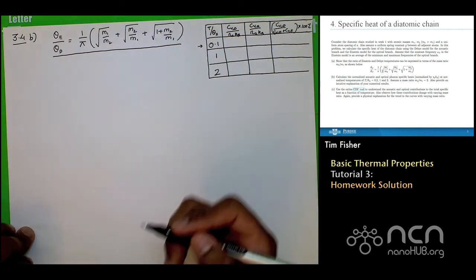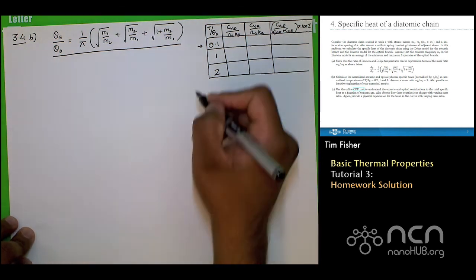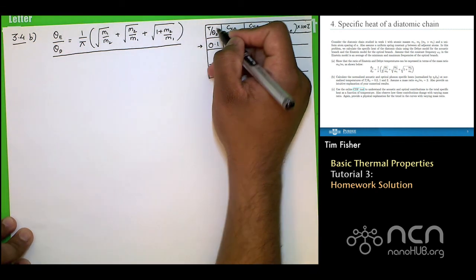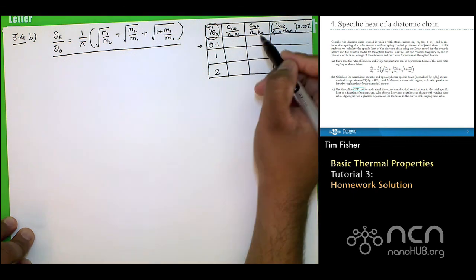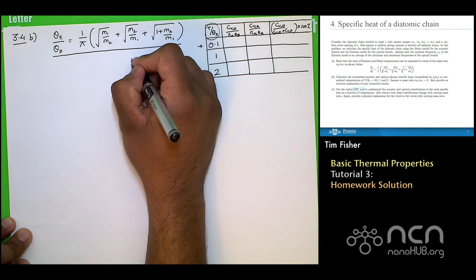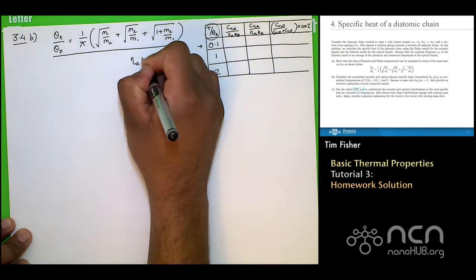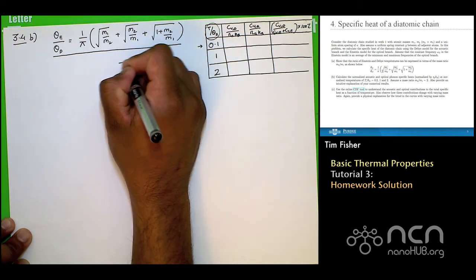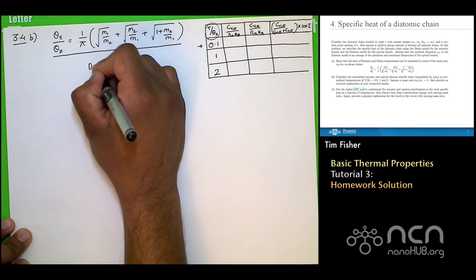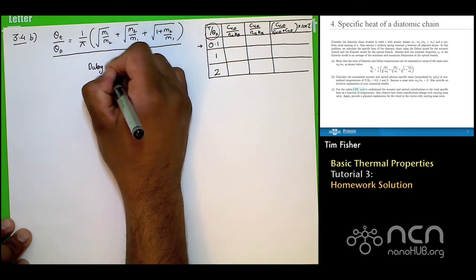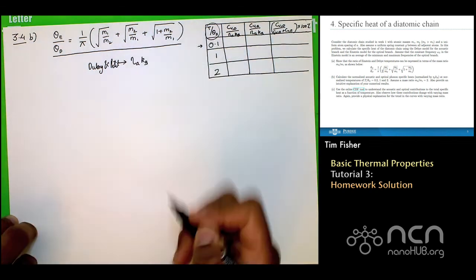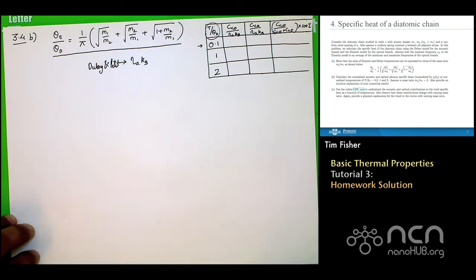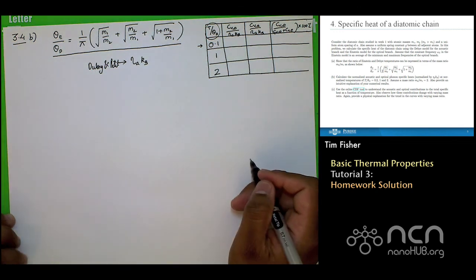A couple of things before I move forward. The temperature here is normalized by the Debye temperature, as you can see here on the top, and the specific heat is normalized by a factor of eta A Kb, which is the Dulong and Petit specific heat, which comes from classical formulations.